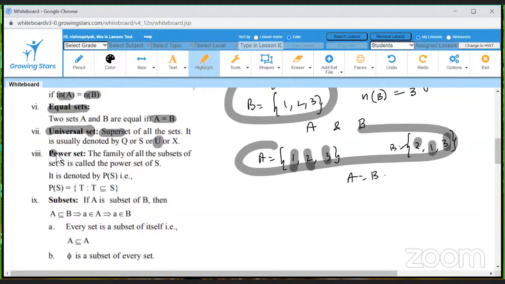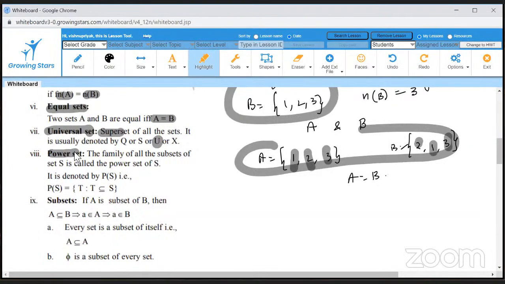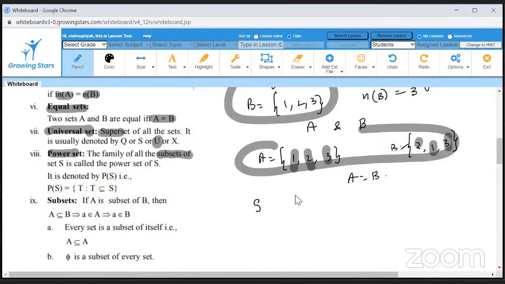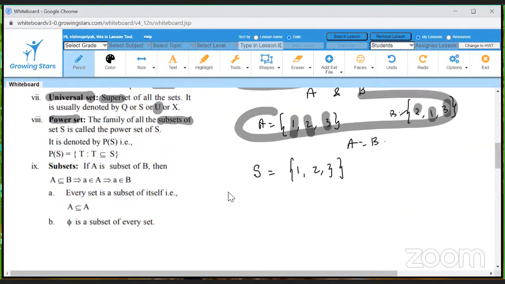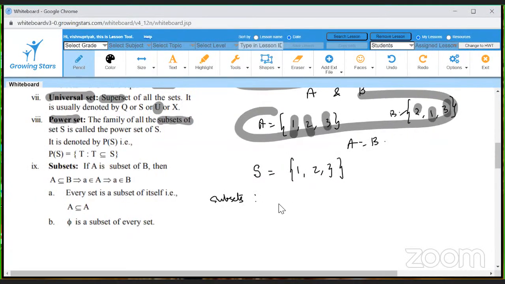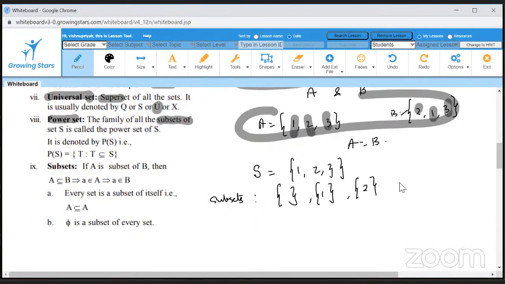Power set. Next, power set. Count the number of subsets. That is called the power set. Suppose I give you S as 1, 2, 3. Now I will make subsets. How can I make subsets? The empty set is a subset. Just one element: 1, 2, 3.